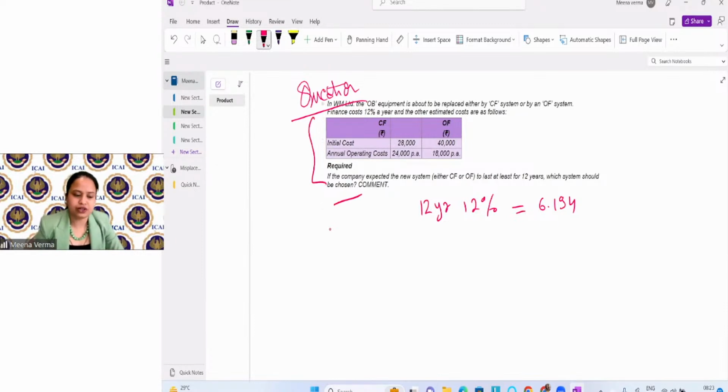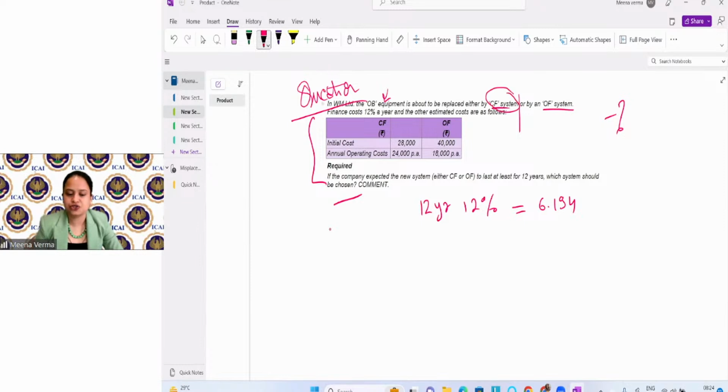What do we have here? In a company, OB equipment is about to be replaced either by CF system or OF system. So the company is taking a decision related to replacing some of the equipment in the company. One of the equipment in the company, which is OB equipment, it can be replaced by these two different products.